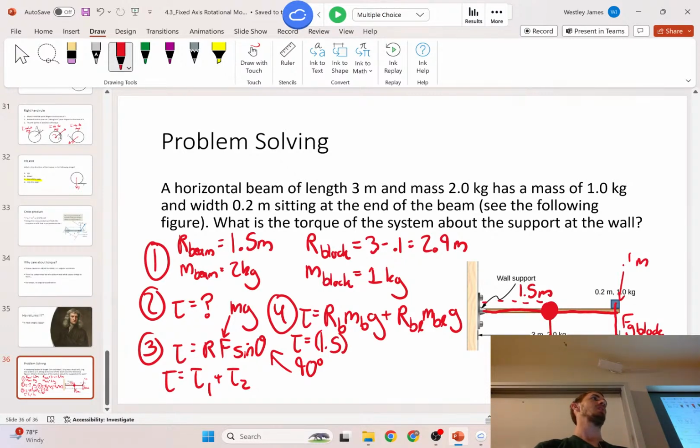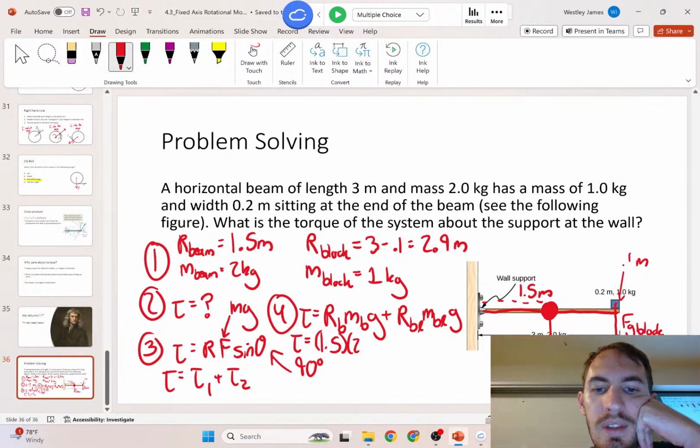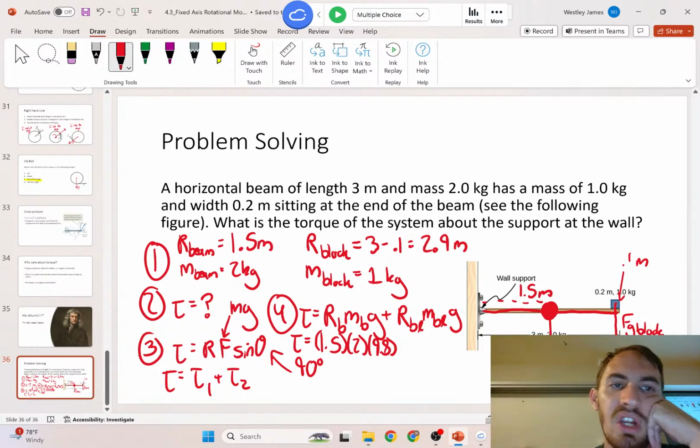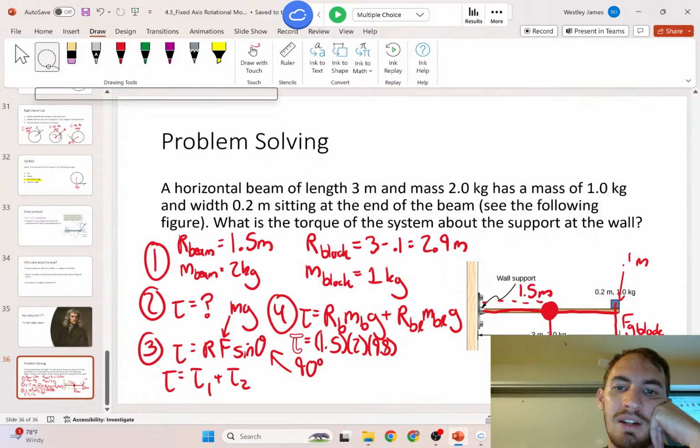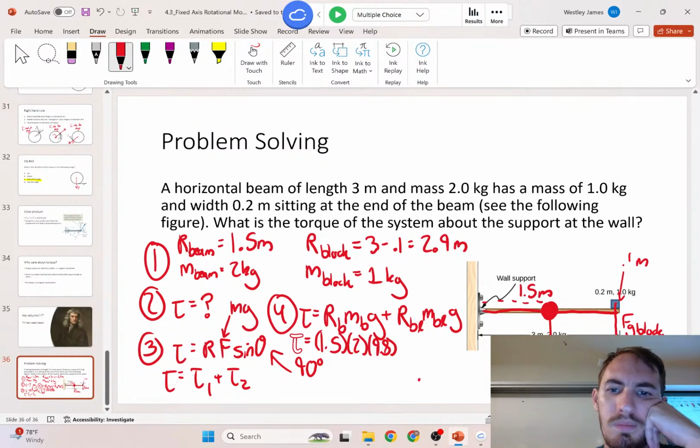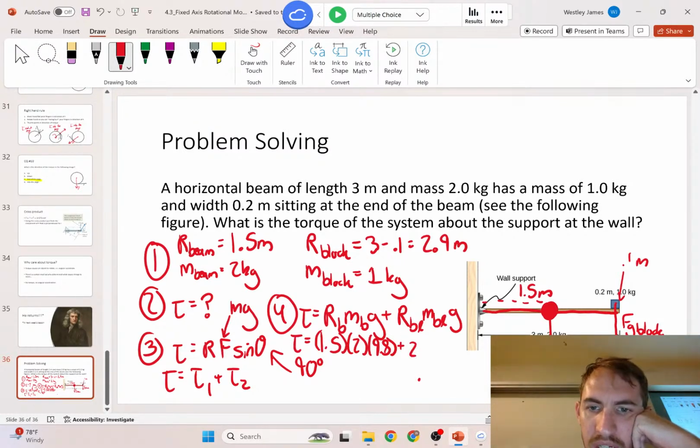The more you write out, the less your brain has to work, the less likely your brain's going to make a mistake. That's why giant whiteboards are awesome, because they give you so much room to write things out. Okay, well that's just going to be highlighted now. Plus 2.9 times 1 times 9.8. Not ideal that it's kind of skating its way down there.